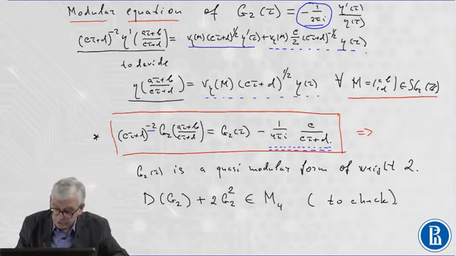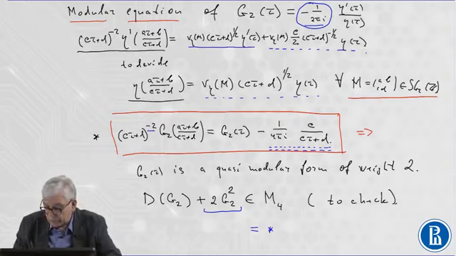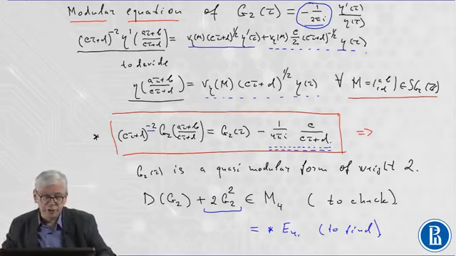But now you can calculate this function, because to calculate it, we have to analyze the constant term. The constant term we have only here. And calculating this constant term, you can find that this function is equal, up to some constant, to the Eisenstein series E4. I leave this question to you.